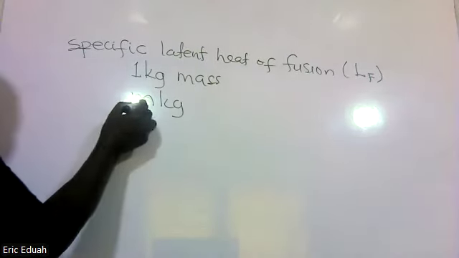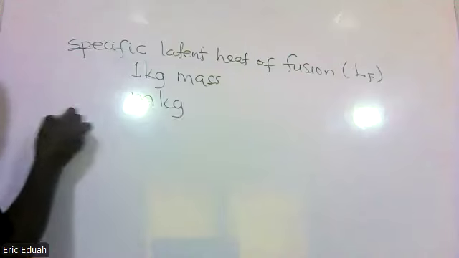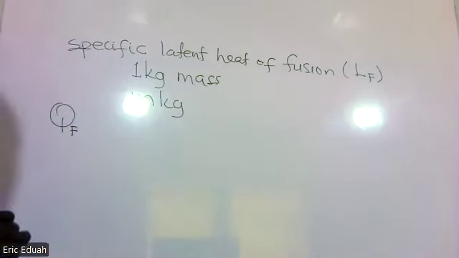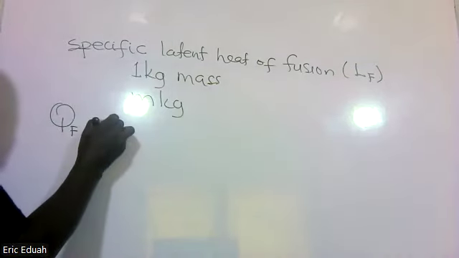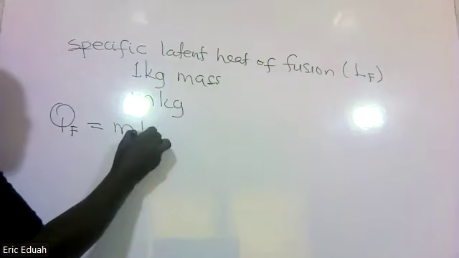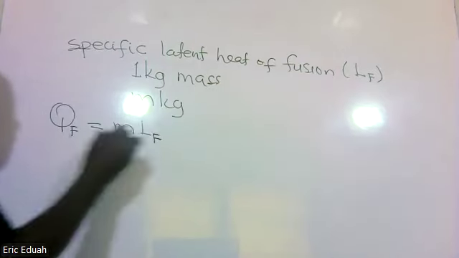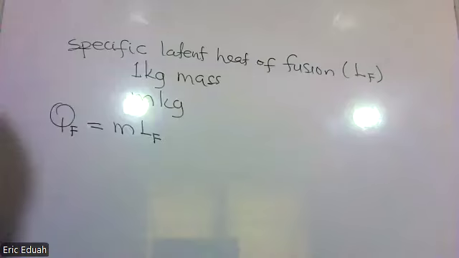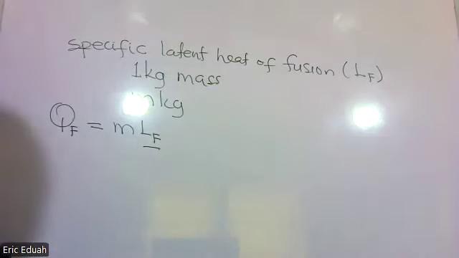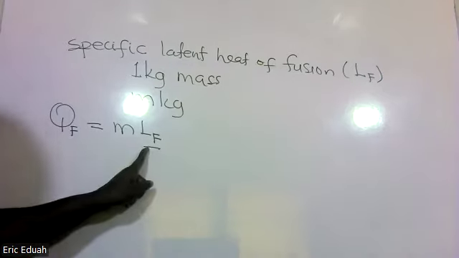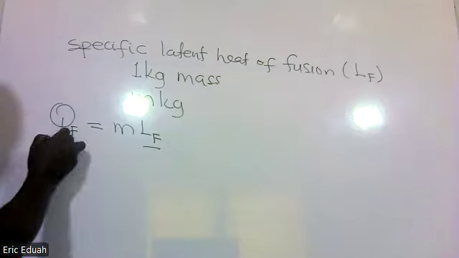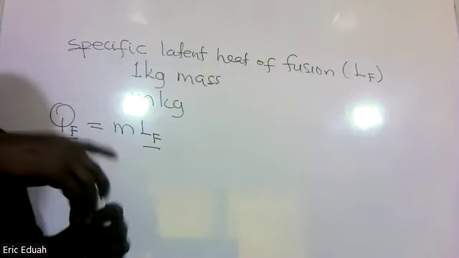So for any m kilogram mass, the quantity of heat energy that must be absorbed is equal to that unknown mass times the value for 1 kilogram. The difference is that L_F is for 1 kilogram mass, the heat energy that must be absorbed or released, and Q_F represents that for any unknown mass.